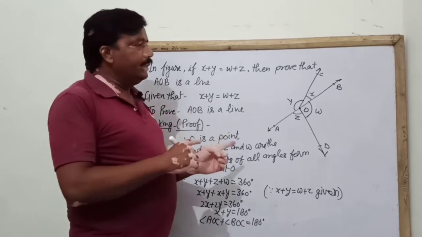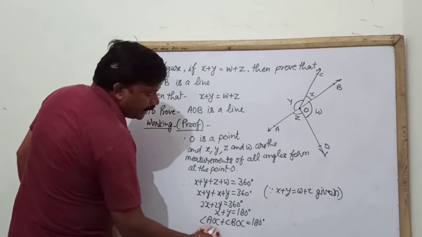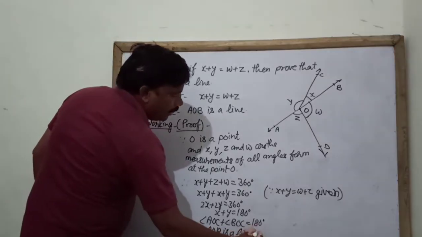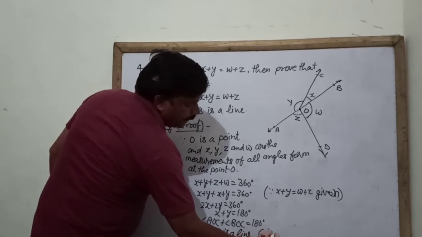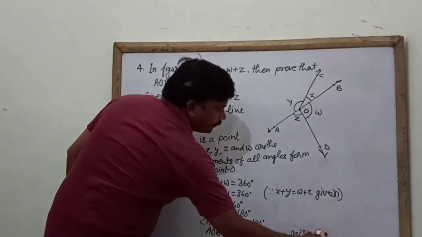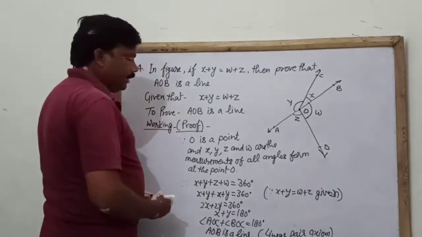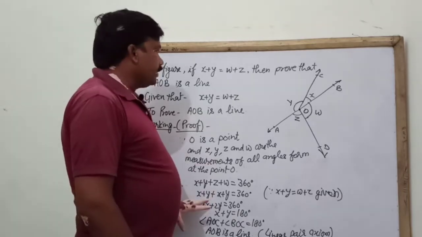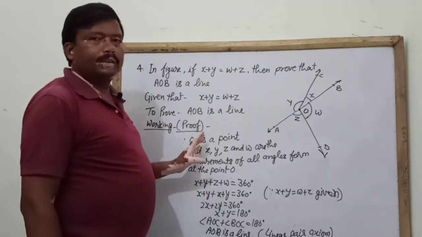So by the linear pair axiom, we can write that AOB is a line. Hence proved. Now we have proved it. This is our fourth question which we learned here.